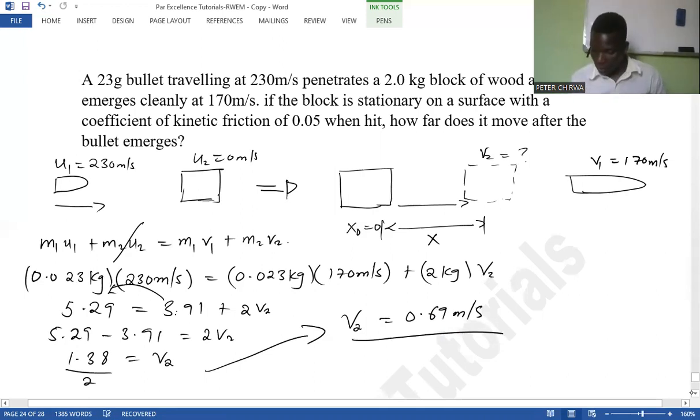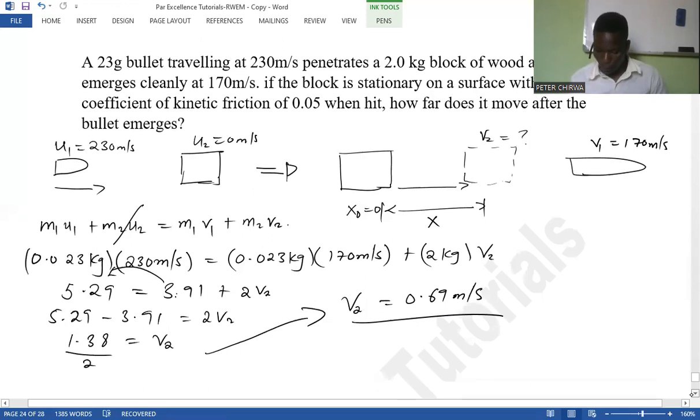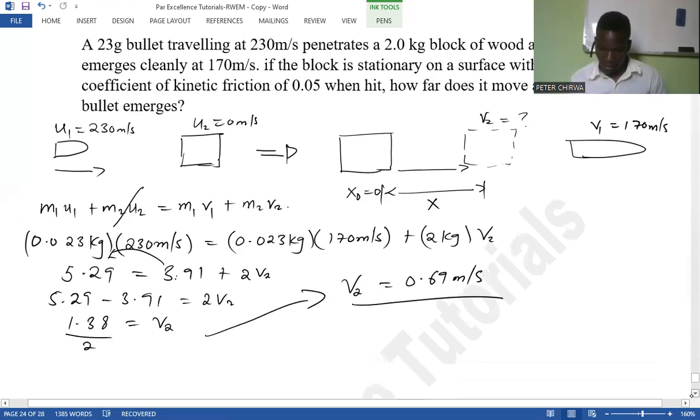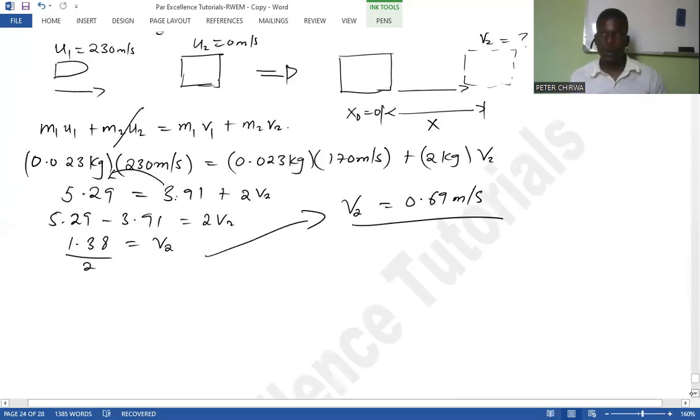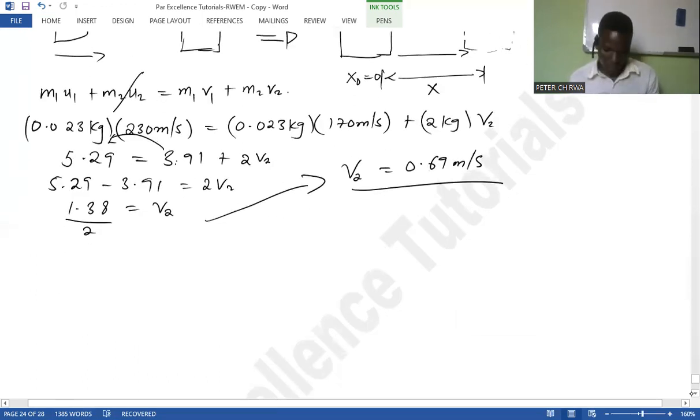Now let's look at the block in this way. Now that we know the speed, let's look at the forces on this block. The block is moving in that direction after the penetration.